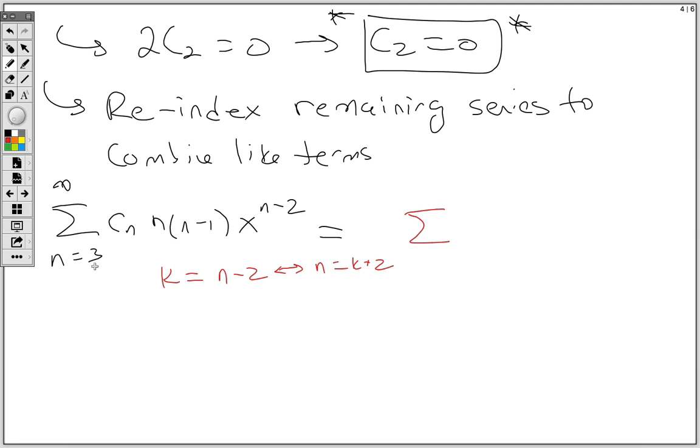So let's see, n goes from 3 to infinity. k is n minus 2, so k is going to start at 1 and then go to infinity. C sub n is going to be c sub k plus 2. n is k plus 2. n minus 1 is going to be k plus 1, x to the k.